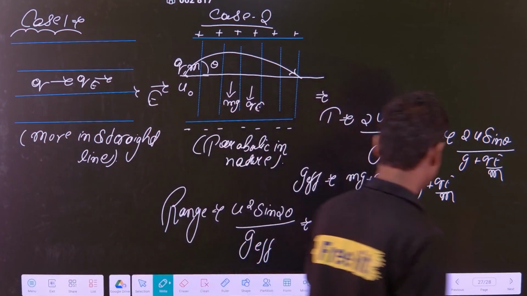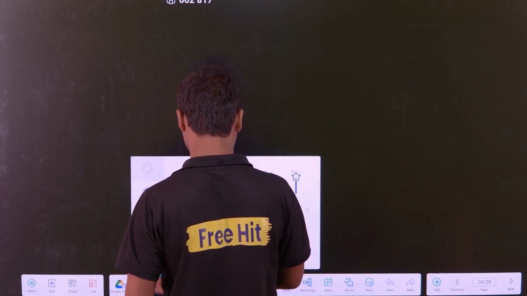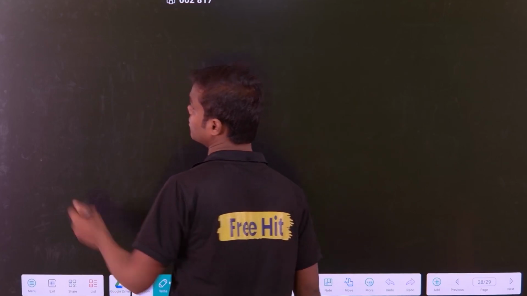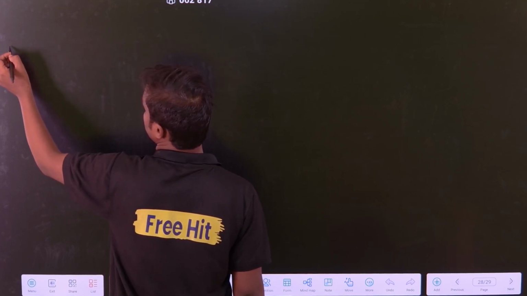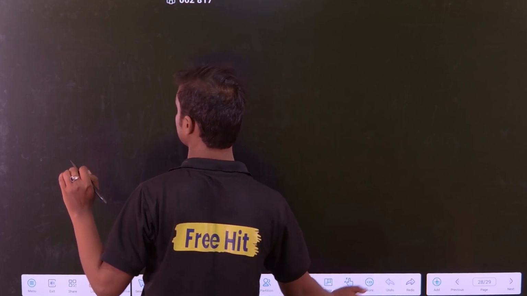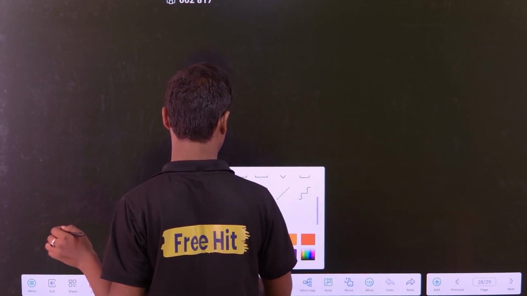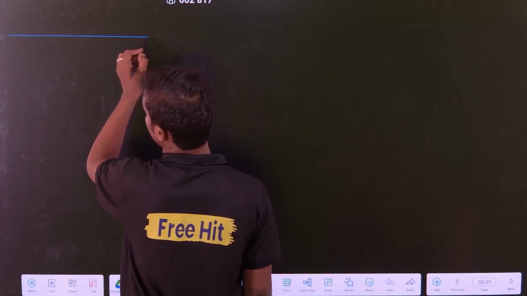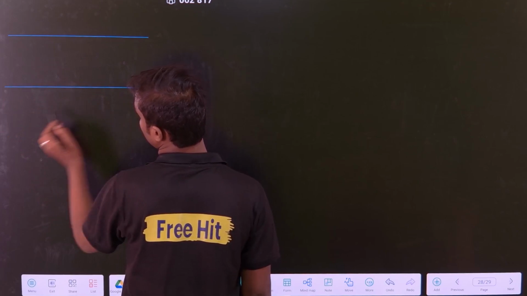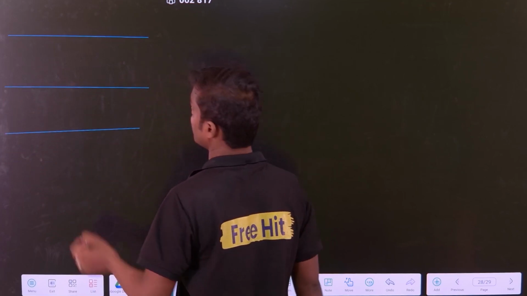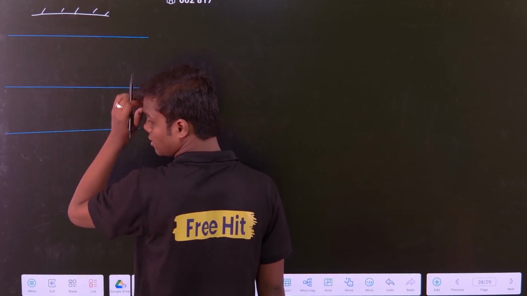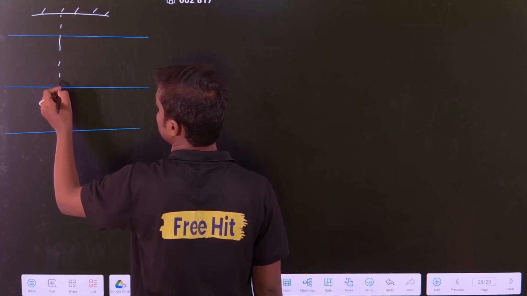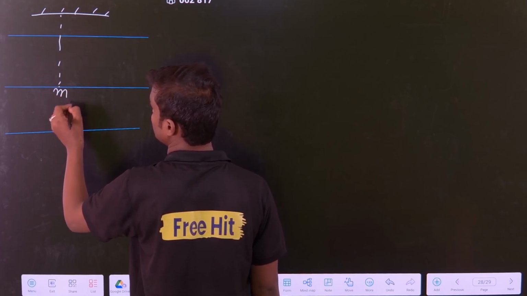So suppose I ask you one more question. Let me give you one more question. Let the electric field lines look like this, and suppose there is a string, and it has a mass m.